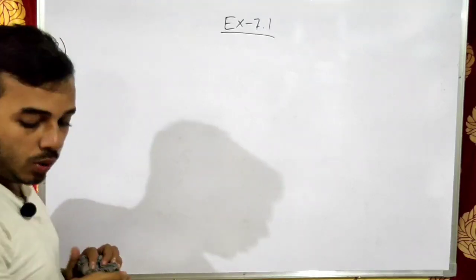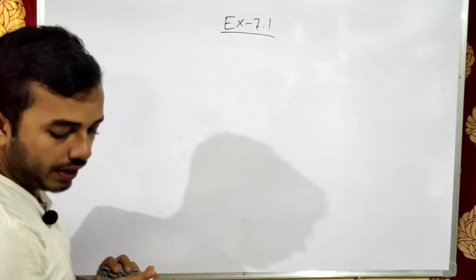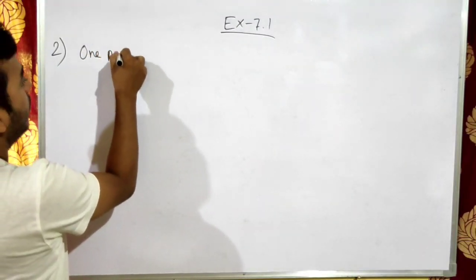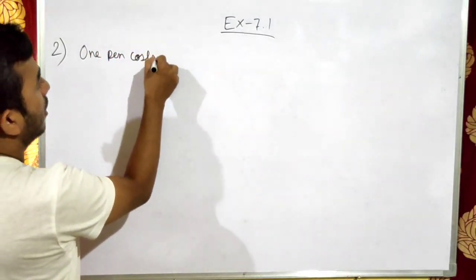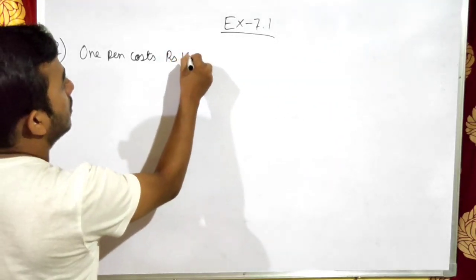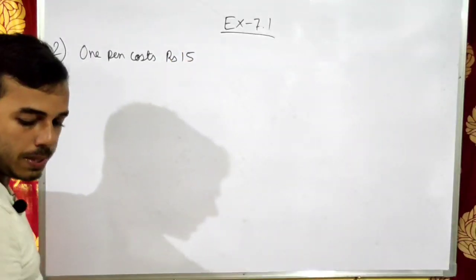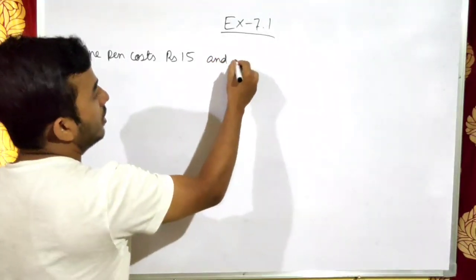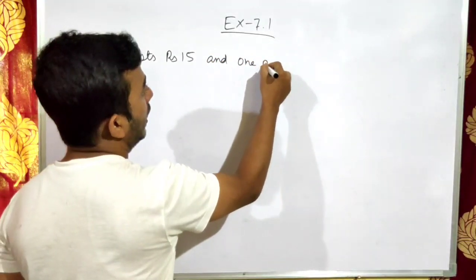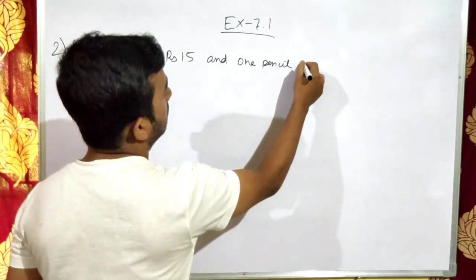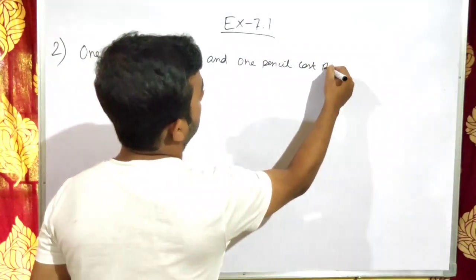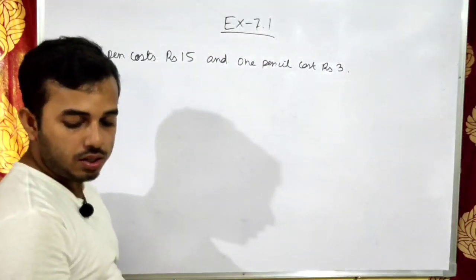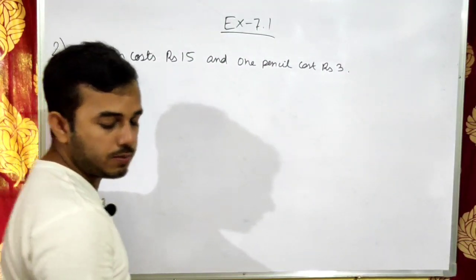So the question was what? One pen costs rupees 15 and one pencil costs rupees 3.